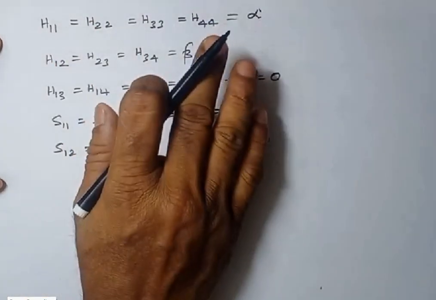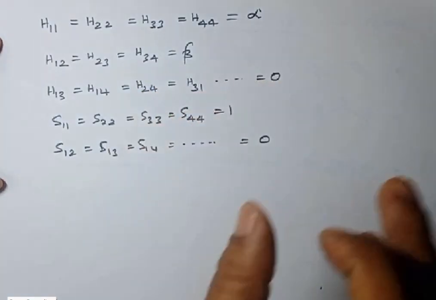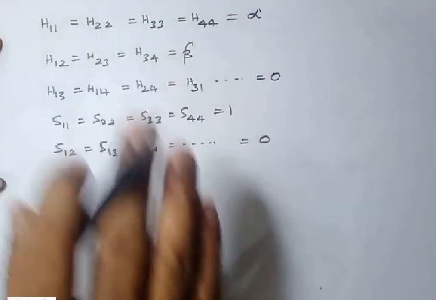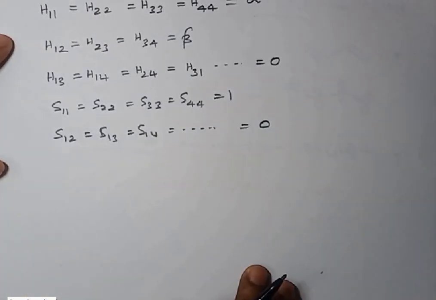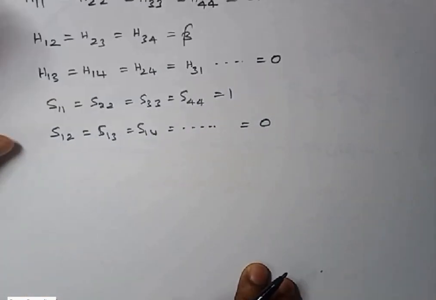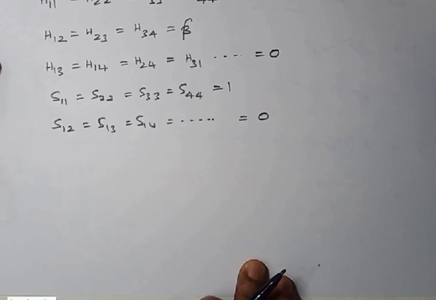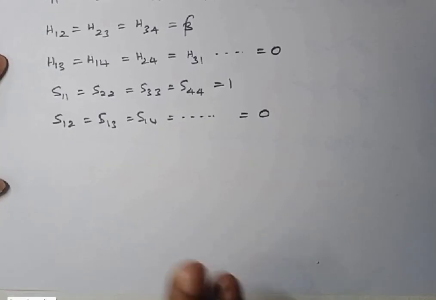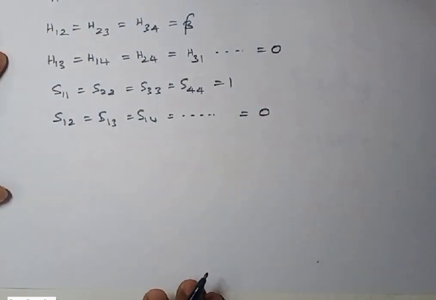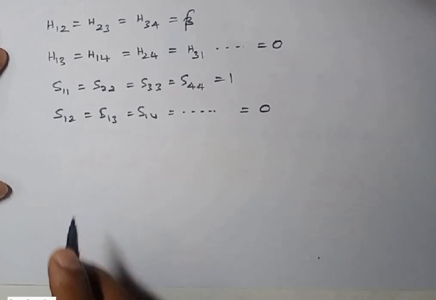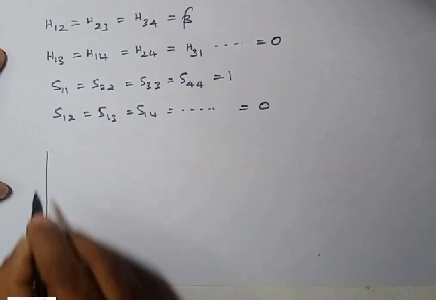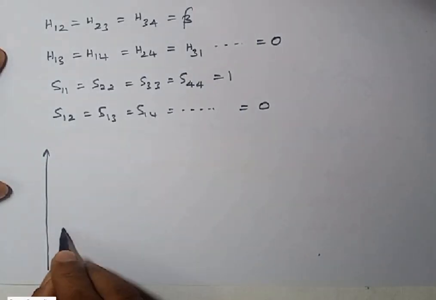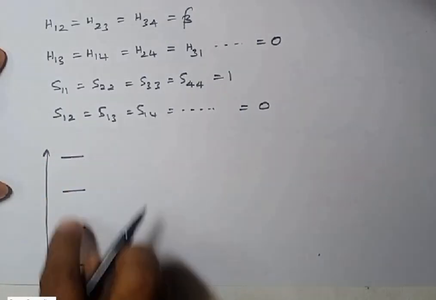If I substitute all these values in the secular determinant and solve it, you will get a polynomial equation. If you solve it, you will get 4 roots, and if you substitute the 4 roots, we get the energies of the 4 pi molecular orbitals.